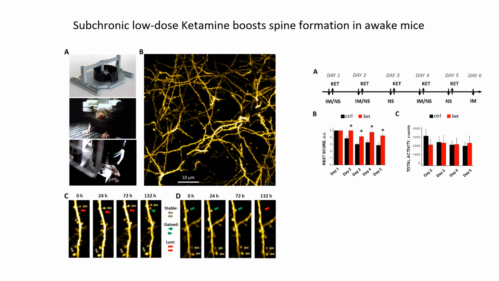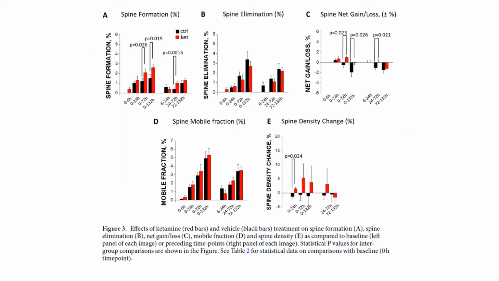It was a daily injection, and the dose that we used here was sub-anesthetic, meaning that the mouse remained awake during the experiment, but it did receive the therapeutic, antidepressant dose of ketamine, as indicated by the behavioral experiments, also shown here on the right.